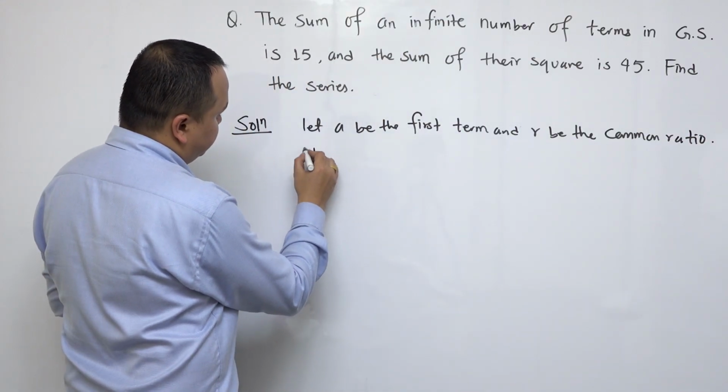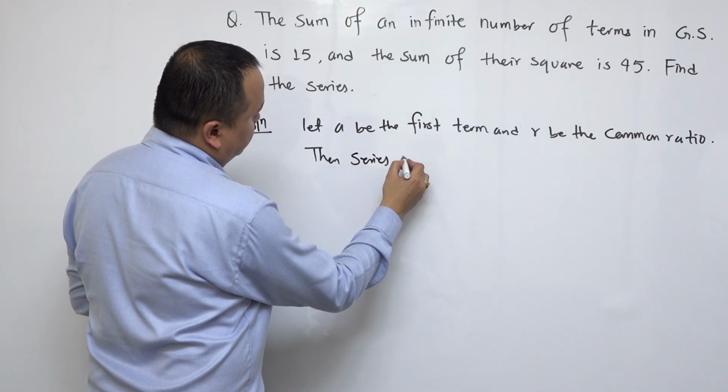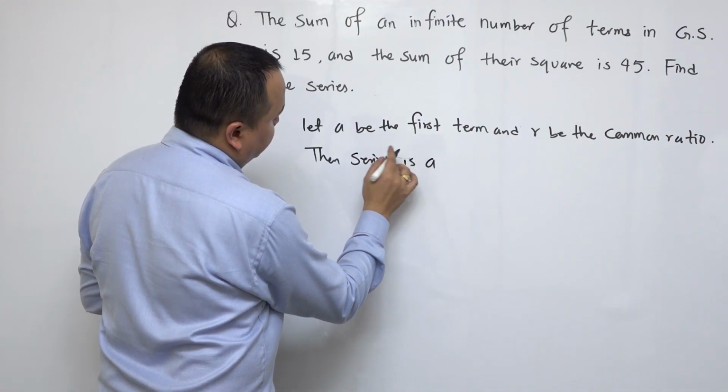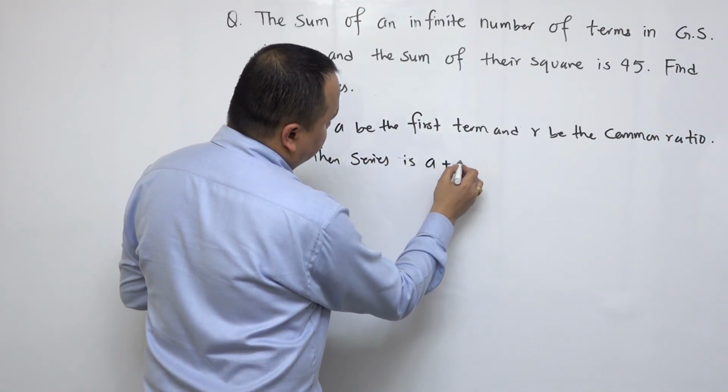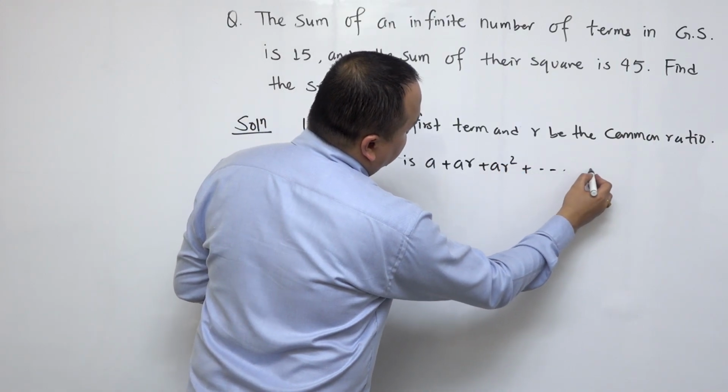Then the series is A plus AR plus AR square plus dot dot dot to infinity.